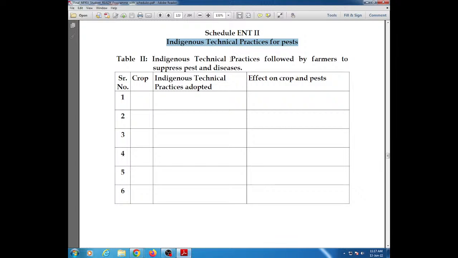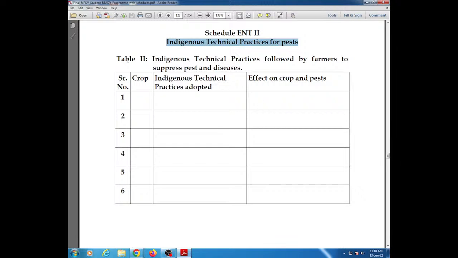Those indigenous technical practices the farmers they are utilizing on their own basis, whatever the wit or wisdom they are having and the knowledge they are having of those pests, they are using those methods and containing these pests in the field as well as in their storage structures.